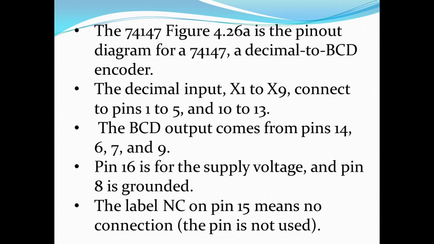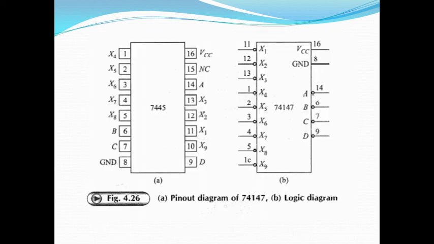The decimal inputs are X1 to X9, connected to pin numbers 1 to 5 and 10 to 13. The BCD outputs come from pin numbers 14, 6, 7 and 9. Pin 16 is for the supply voltage and pin 8 is for the ground. Pin 15 is marked no connection, meaning it is not utilized at all.